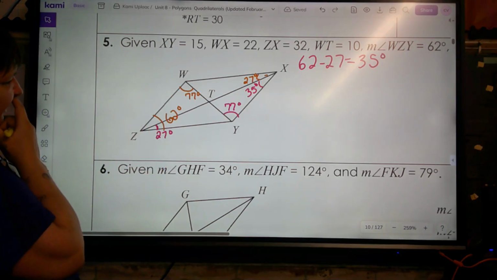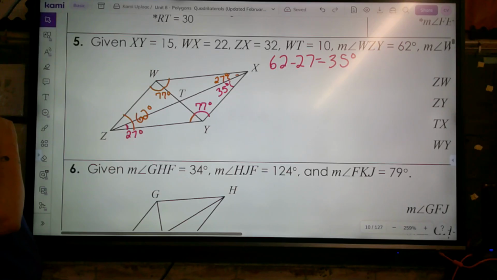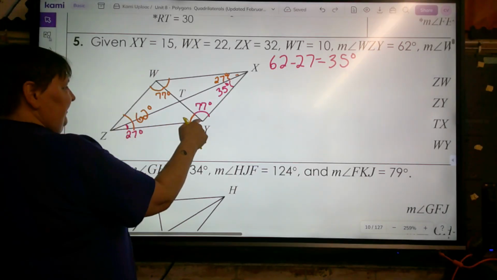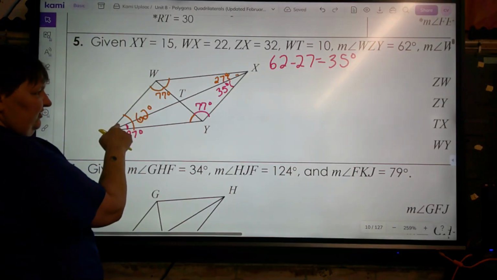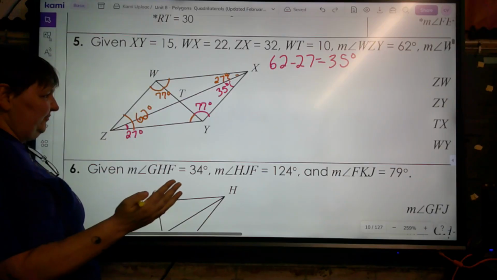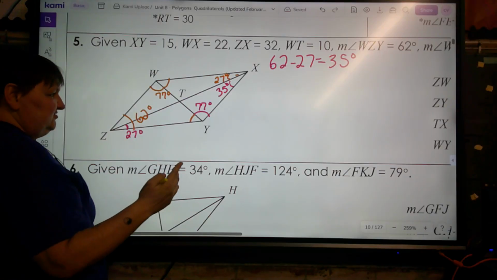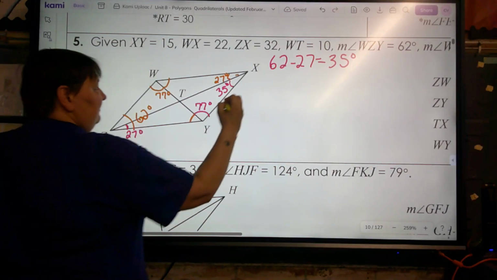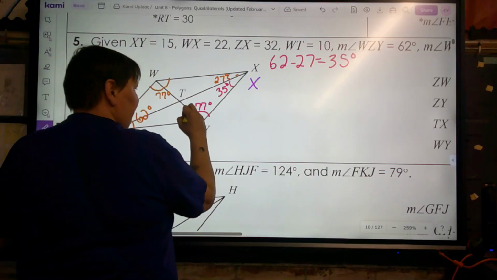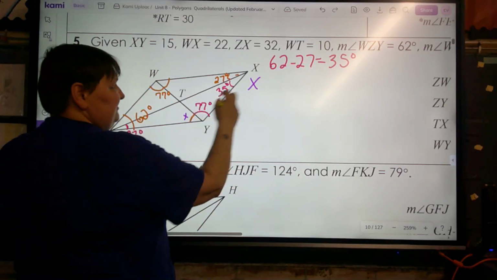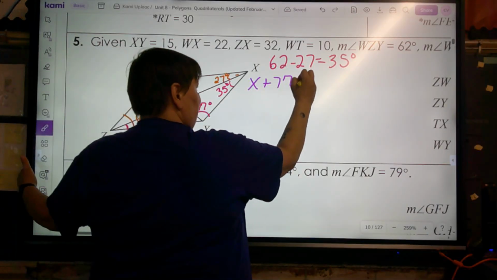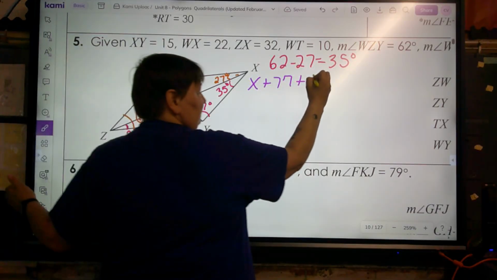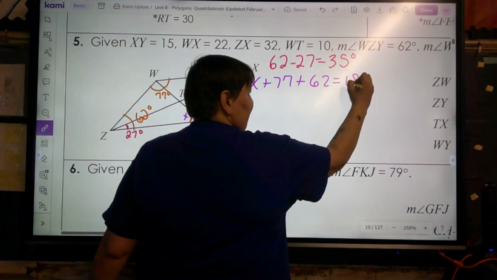How could we figure out what this is? I know that this angle and this angle have to equal 180 because they're supplementary. So what if I did some number, because we don't know what it is, plus 77 plus 62 has to equal 180.